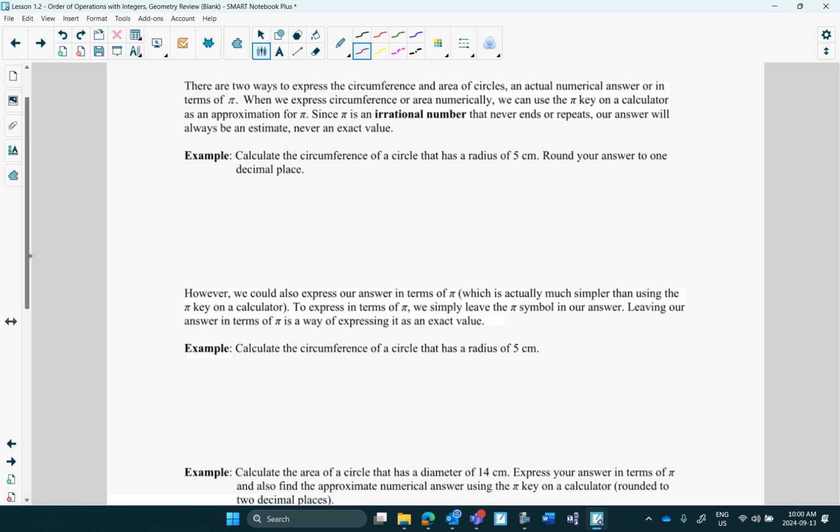So calculate the circumference of a circle that has a radius of 5 centimeters. So remember, circumference, if I'm using radius, equals 2 pi r, which is 2 times pi times r. Well, I'm told that r is 5. So 2 times pi times 5.